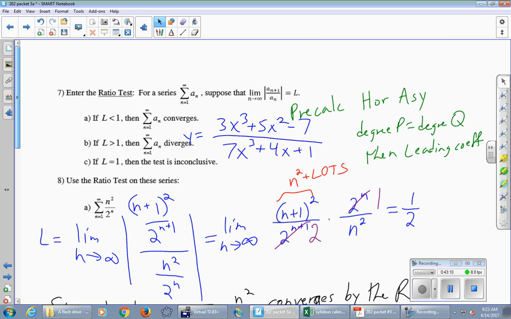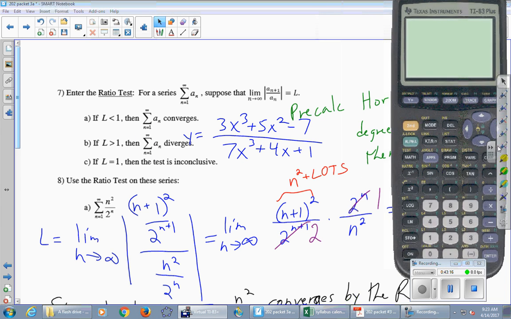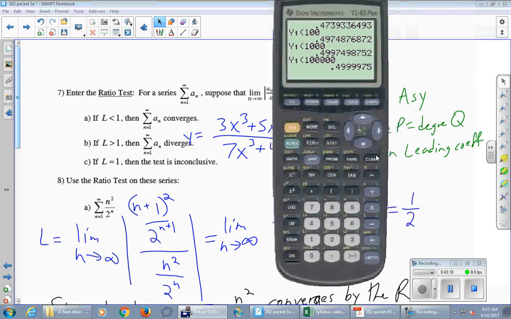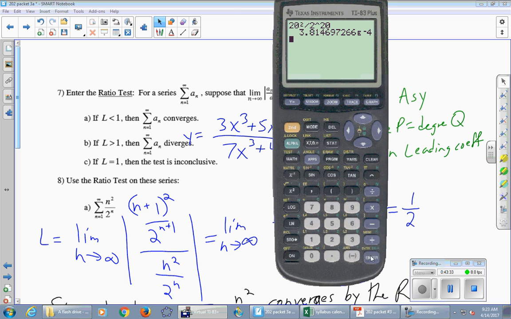And if that's not crystal clear, we can do a very quickie example here. Let's pick n equals 20. So 20 squared divided by 2 to the 20 gives us 0.00038, something like that.